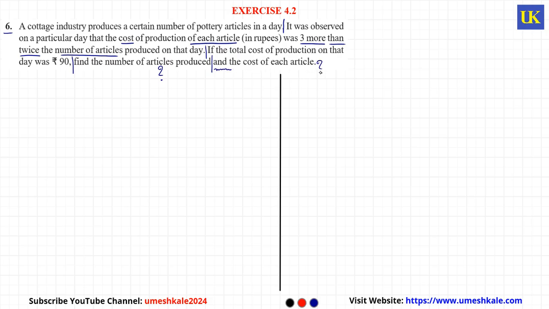So there are two things they are asking us to find out here. First, they are asking, find the number of articles produced. So whatever in this chapter, quadratic equations, they ask us to find, the same thing we need to take as let.